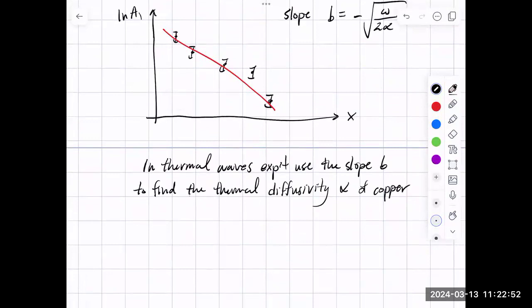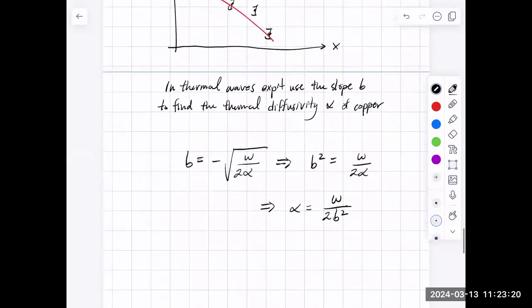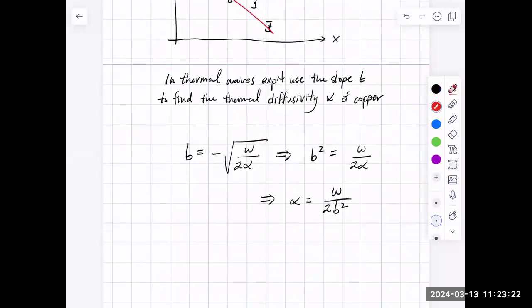Okay, so B is equal to minus the square root of omega over 2 alpha. So we could square both sides, and we could say B squared is going to be equal to omega over 2 alpha, or solving for alpha, it would be omega over 2B squared. All right.